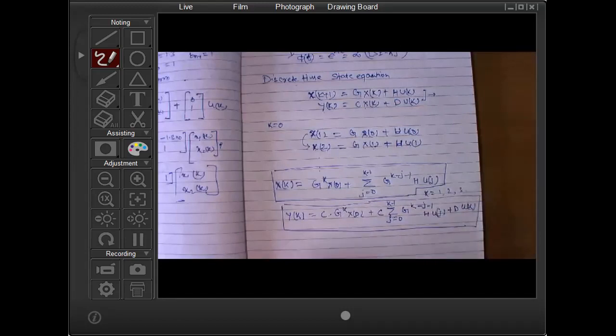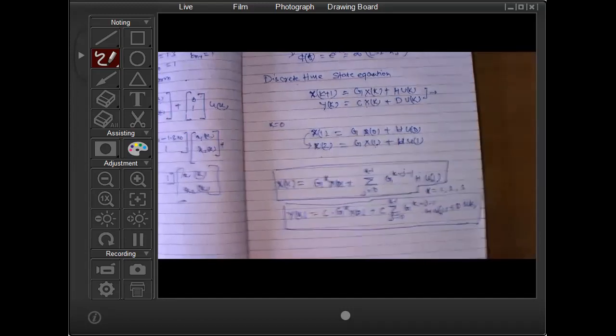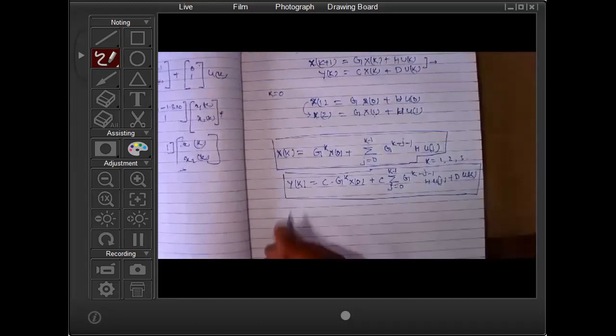Now, the definition of state transition matrix.